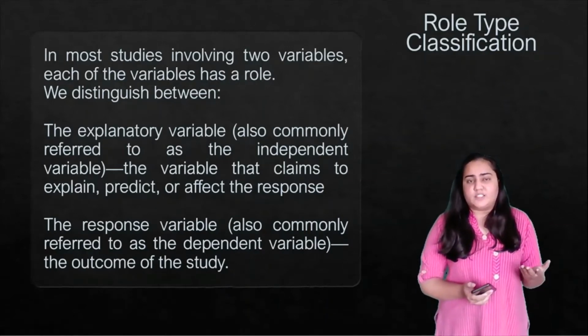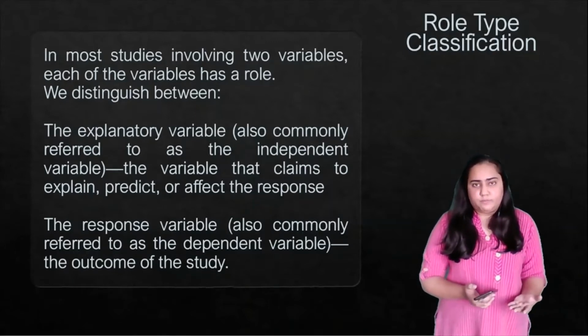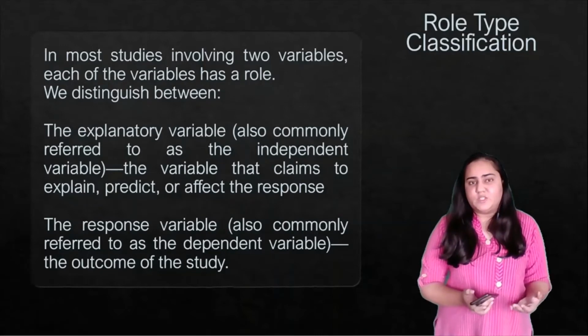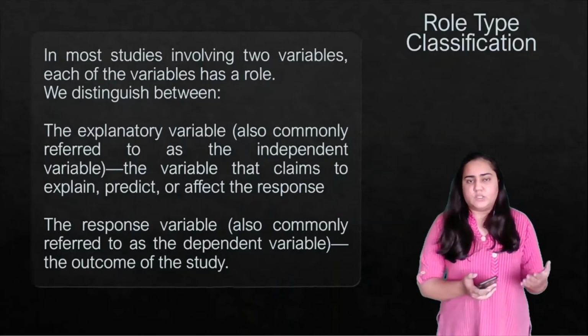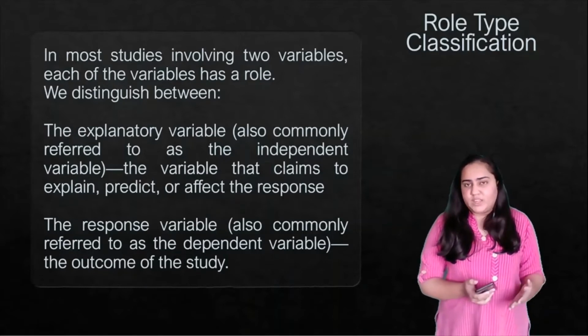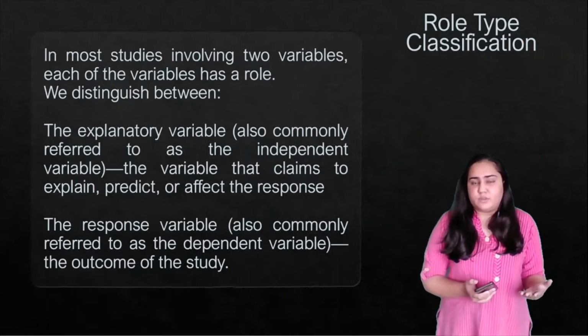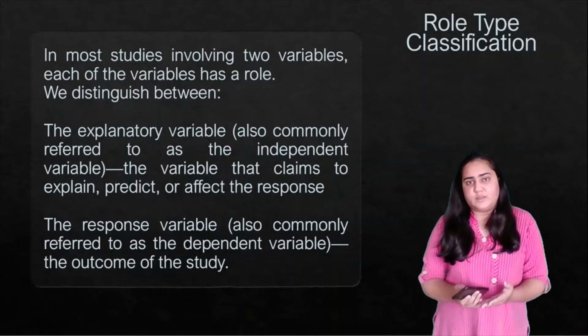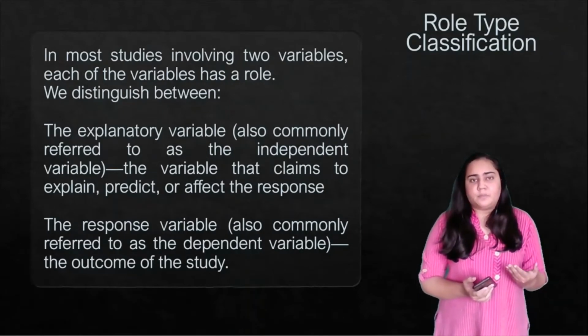One is known as an explanatory variable, which is also commonly known as an independent variable. So this is the variable that claims to explain, predict, or affect the response. So this is not the variable that we are trying to predict or find out. This is the variable that's going to help us to predict something else or to find something else out. So this is known as the explanatory variable or an independent variable.